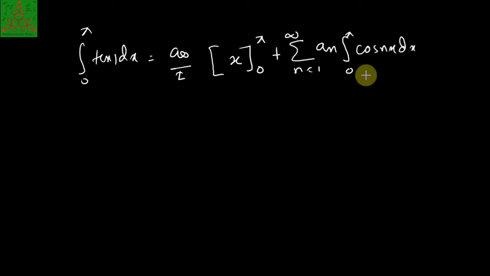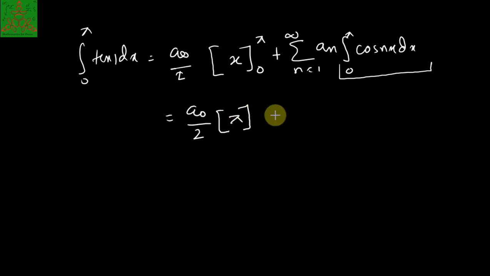The integration of cos nx from 0 to pi will be 0, that you can verify, and the first quantity will be pi, plus 0.